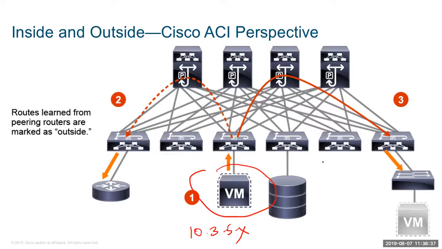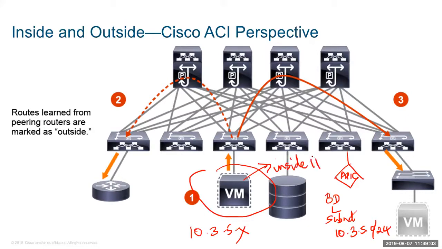And on the APIC, suppose I have the APIC here, we have a bridge domain which has a subnet 10.3.5.0, and of course the default gateway is specified. Well, this is considered an inside IP.